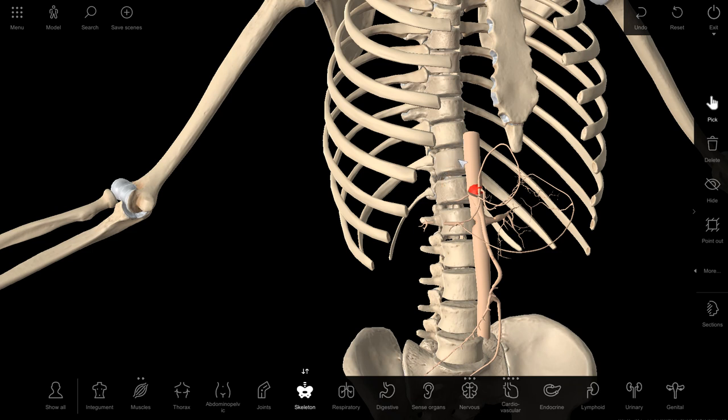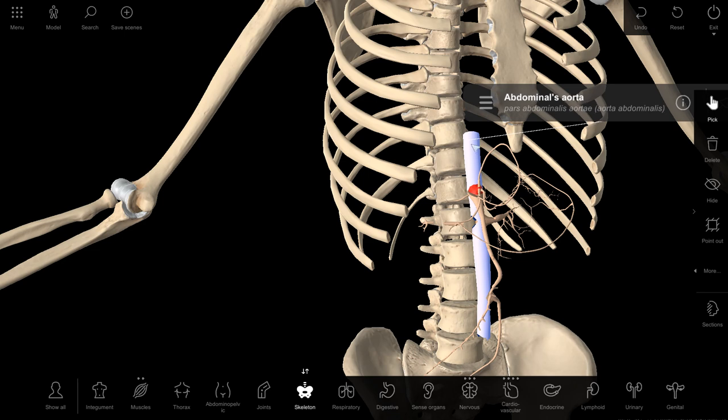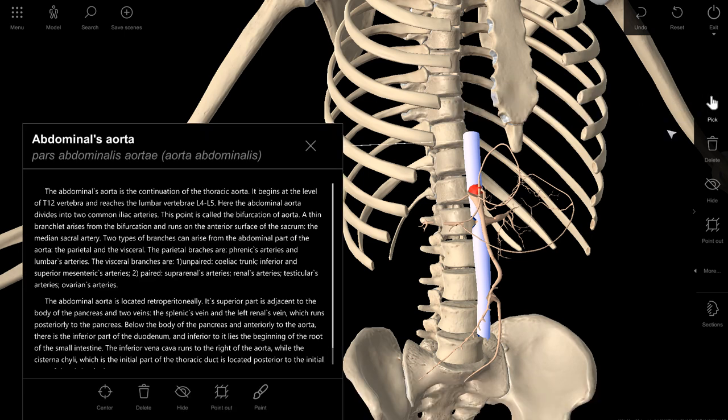So here it is, the 11th thoracic vertebra. Here it is, the 4th lumbar vertebra. And let's continue the information.